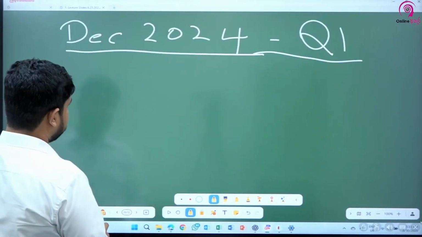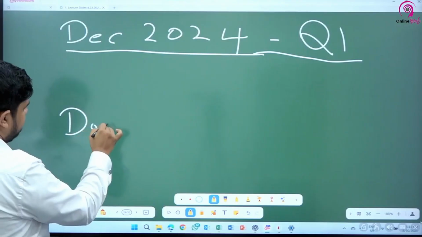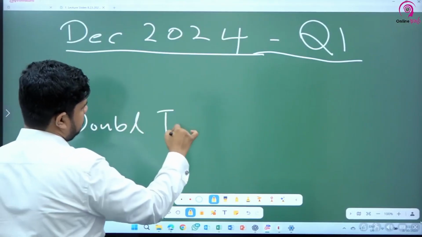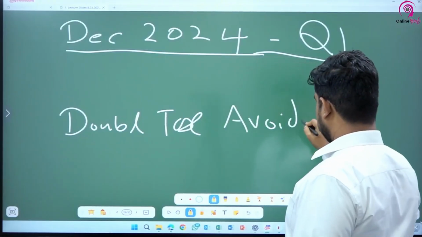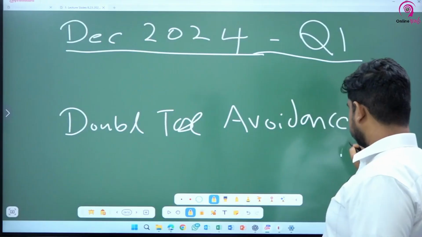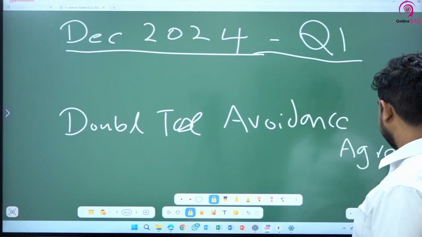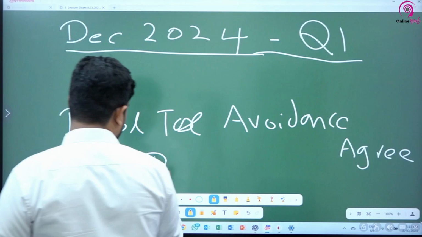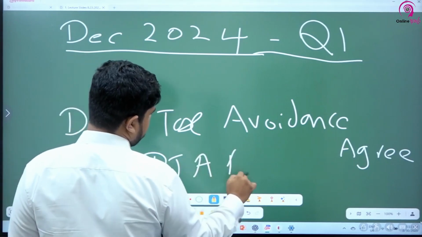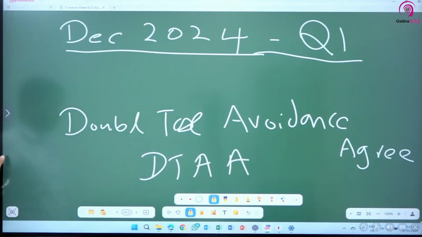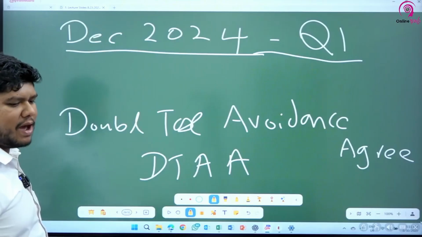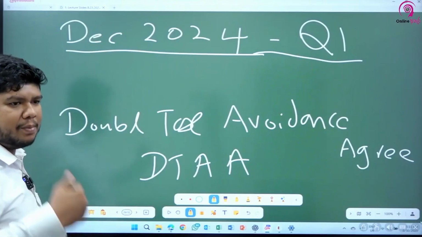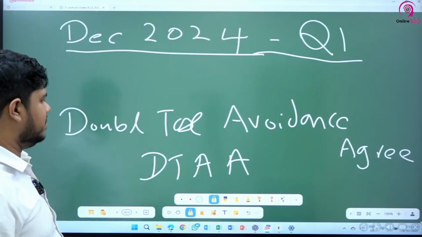It's double tax avoidance agreement, DTA. There is no agreement called double tax agreement. Double tax agreement would mean an agreement to tax the person double.